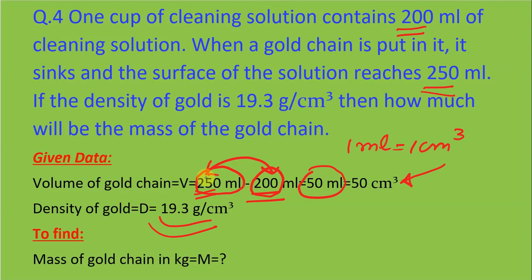So when you subtract 200 ml from 250 ml, you will get 50 ml, and that 50 ml or 50 cubic centimeter will be the volume of the chain.